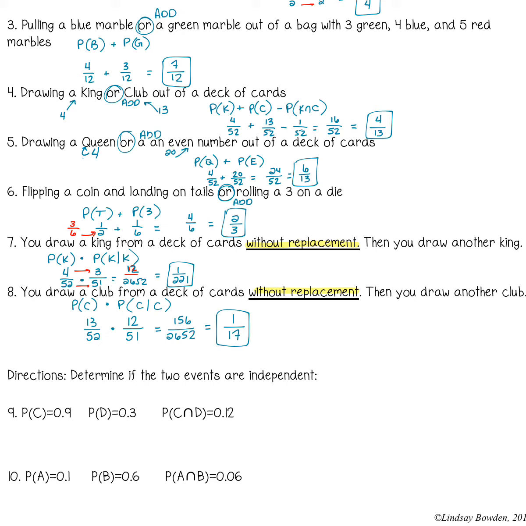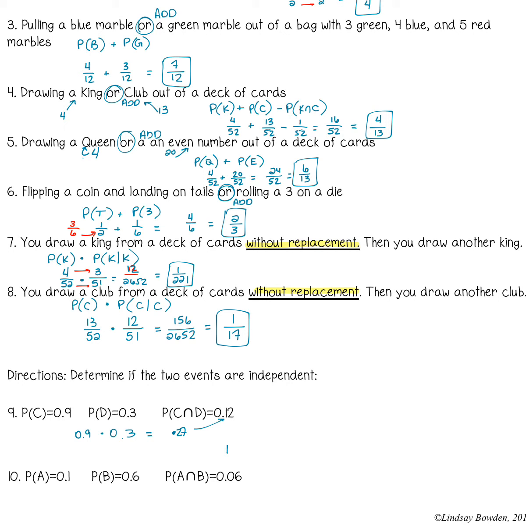Okay. And the last things on these pages: determine whether or not we are independent. Remember, if we're independent of one another, when multiplied together, they will equal our intersection value. So the probability of C and D. So we're going 0.9 times 0.3, and that gives us 0.27. Does that match our intersection value?